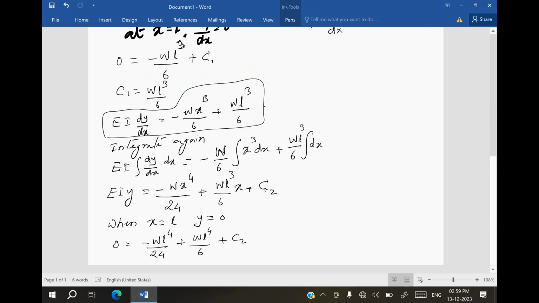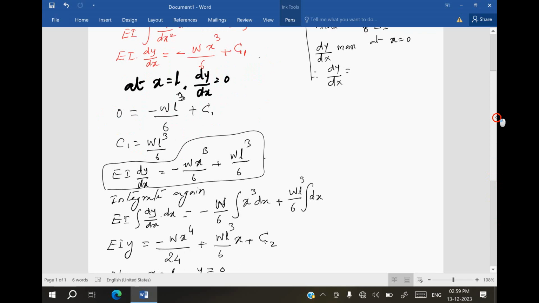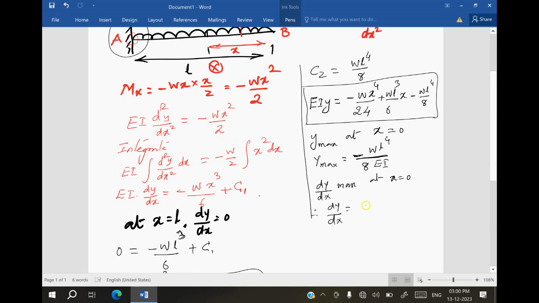So WL cube by 6EI minus WL cube by 6EI. Okay. Is it minus or plus? Let us just see. Plus WL cube by 6EI. This is your maximum value.